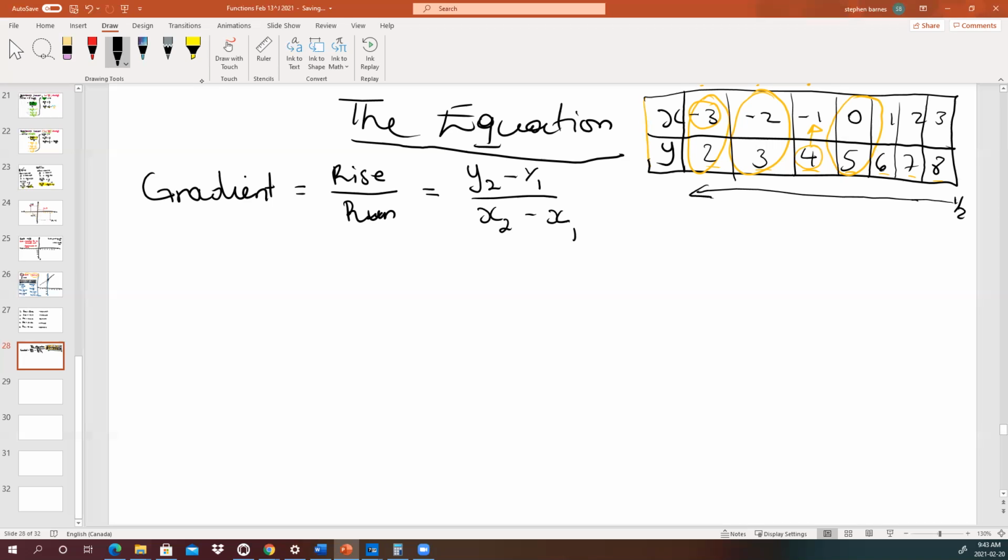So let me just clean this up for a while. I'm going to now calculate my gradient using the table here. So I'm going to choose a random pair, right? All I need is 2 pairs, one that represents y2 and x2, and one that represents y1 and x1.